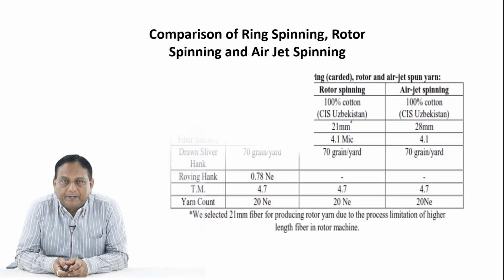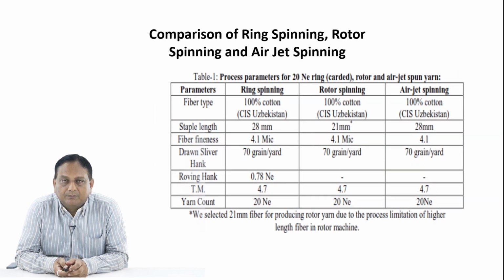Now if you try to compare more, we can see a table where different process parameters of 20 Ne are compared between the carded ring, rotor and air jet spun yarns. Fiber type is taken as 100% cotton in all cases, staple length 28 millimeter in case of ring, 21 in case of rotor and 28 in case of air jet spinning.